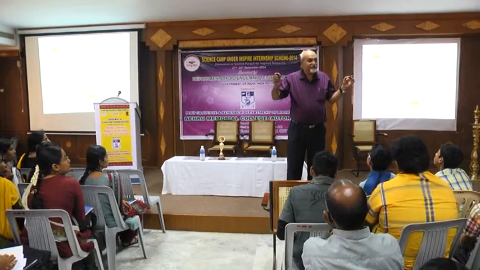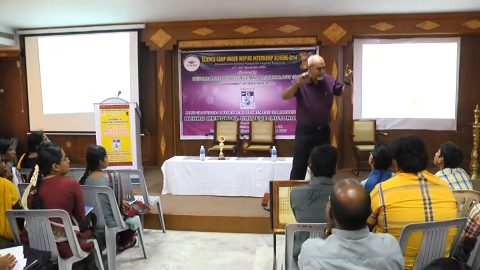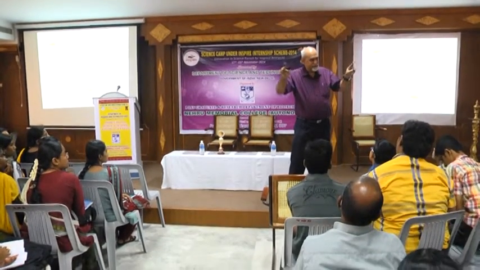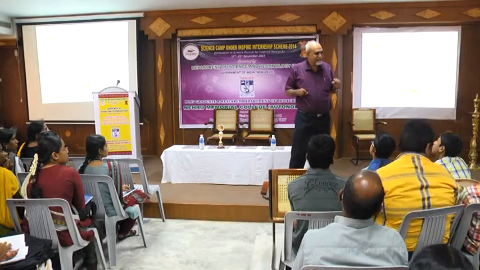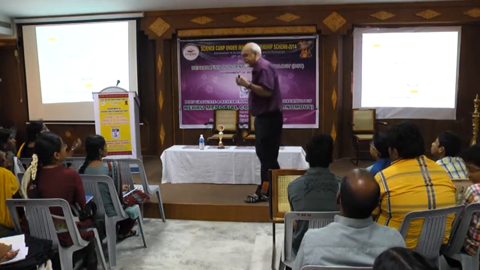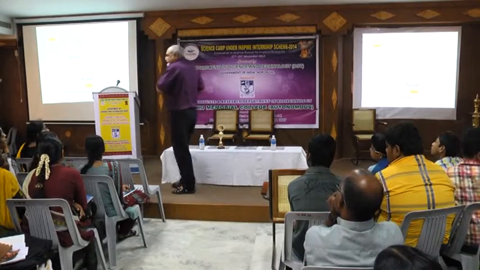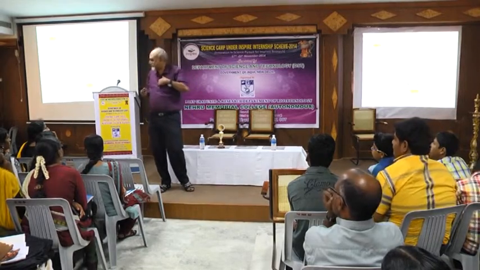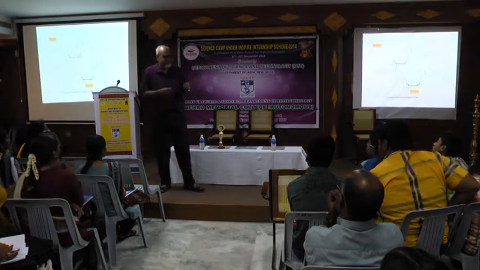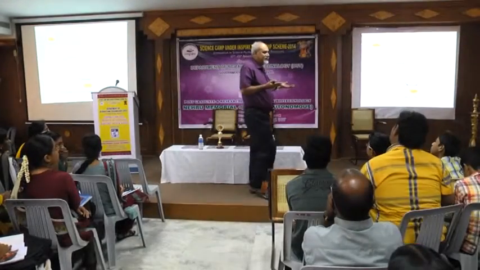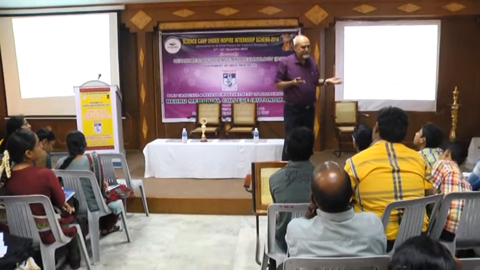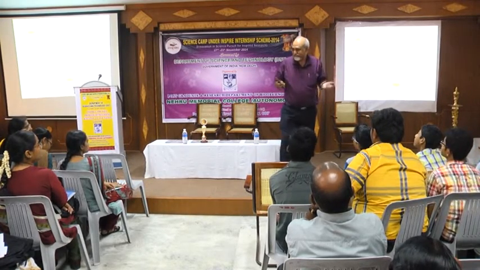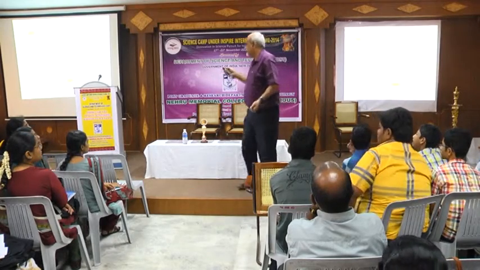CH single bond CH single bond CH, N times. How much is N for polyethylene? About 100,000. That N is equal to 100,000. That is correct, because ethylene is a gas, but polyethylene is a solid, right? So you have to have a large molecule. Very similar to that.